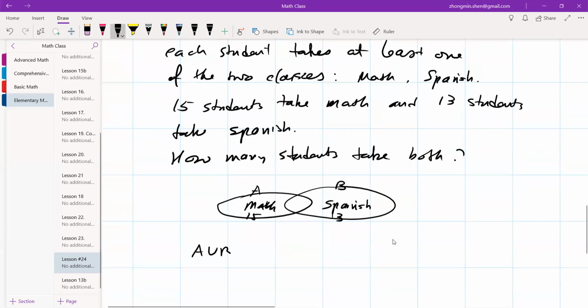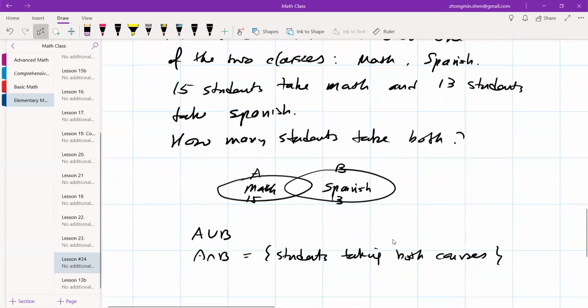The union of A and B means the whole class, and the intersection means the students taking both courses. The union of A and B is the whole class, either in A or B, because every student has to take at least one course.